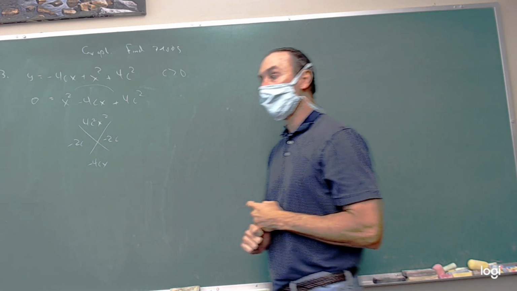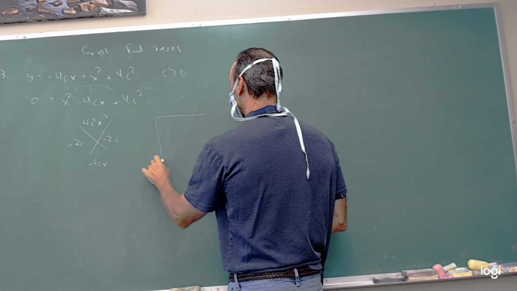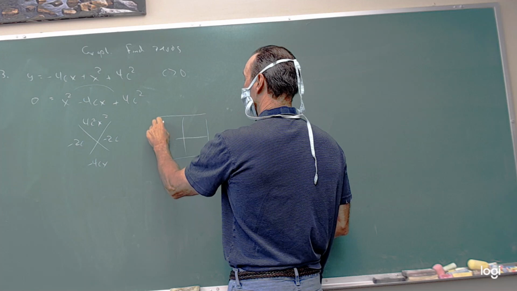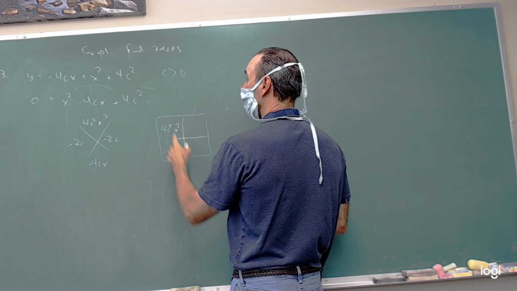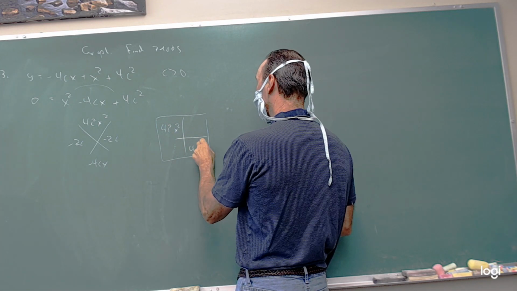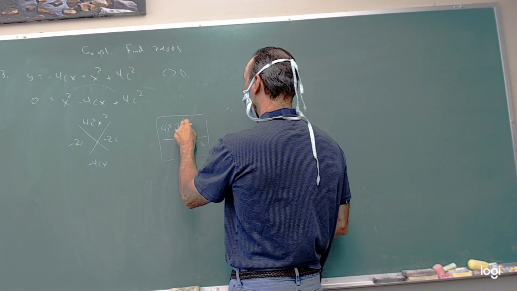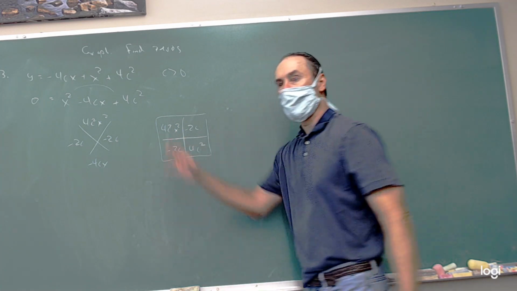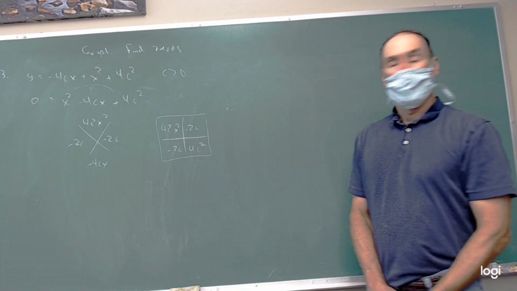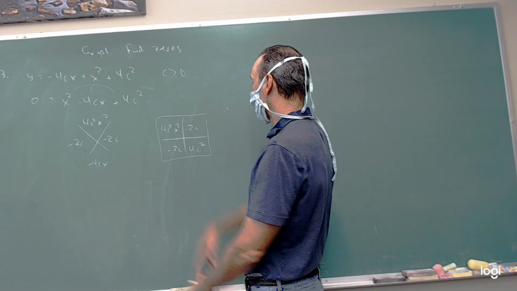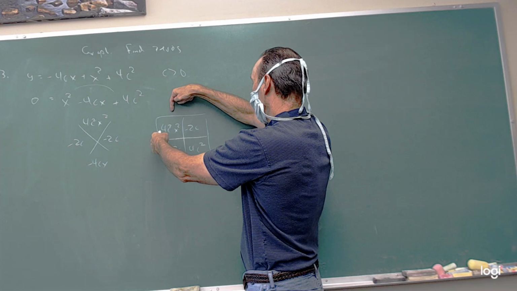That okay? So now doing your box, right? So you've got the x squared. We're going to put the 4c squared here, and we're going to put a negative 2c in each of those places, or however you do your diagonal. So we want to know what's going to multiply to be this.